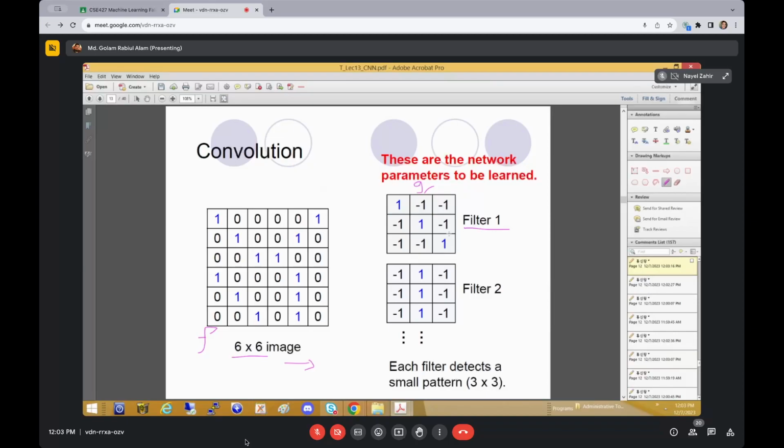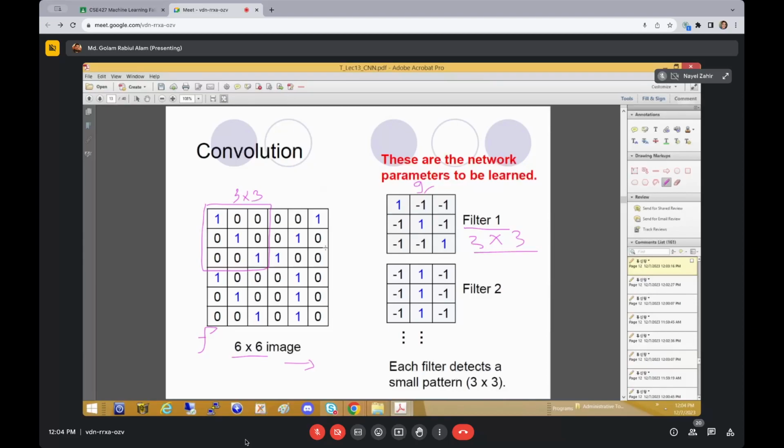In this case, because of 2D convolution, the filter has row and column. That means 3 by 3. So we have to divide this image. At first, consider the 3 by 3 patch. So here is this, 3 by 3.